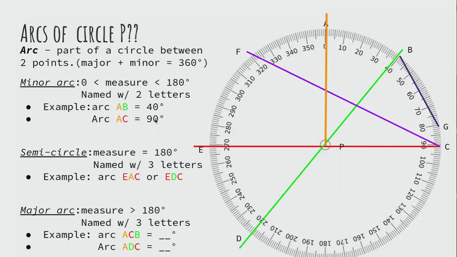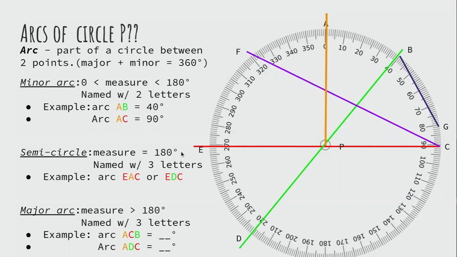Then we have a semicircle. A semicircle equals 180 degrees, so that's half of the circle. It is named with three letters, because the letter in the middle tells direction.